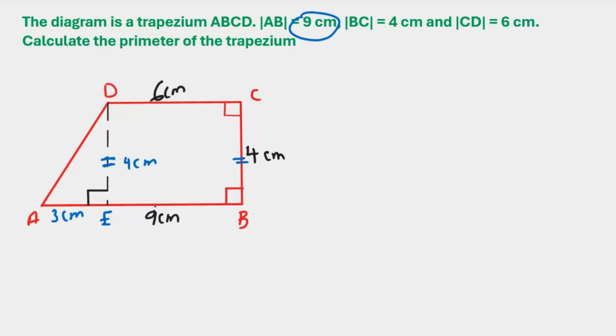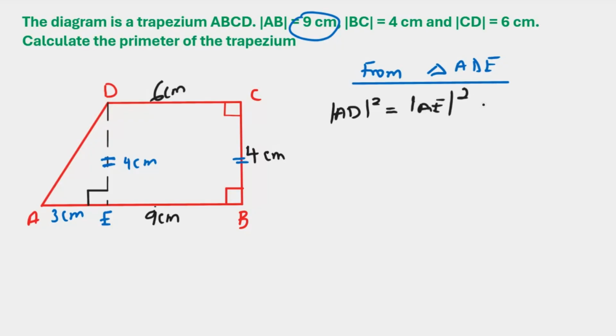So I can say that from triangle ADE, AD squared, that is the hypotenuse squared, is equal to the sum of the squares of the two other sides. So these are going to be the two other sides, AE squared plus ED squared, or DE squared. They are all the same.